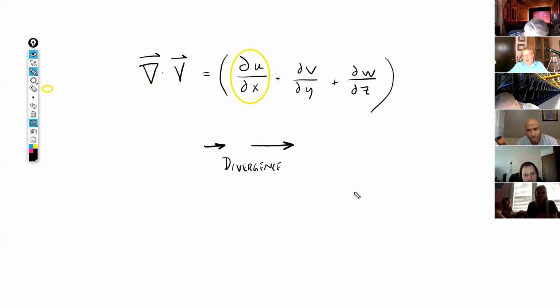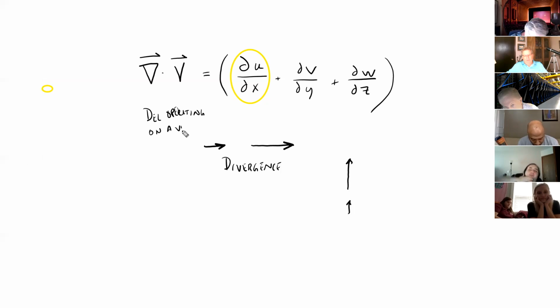And then dv/dy says the velocity from the south to the north, as I go to the north, gets larger. Divergence. And the same was true in the vertical. So when I take del operating on a vector, that's called the divergence of the vector.